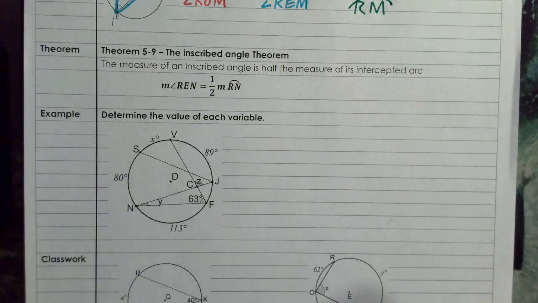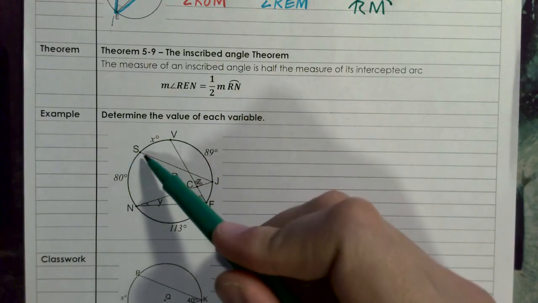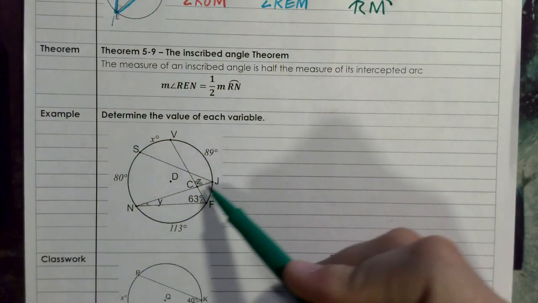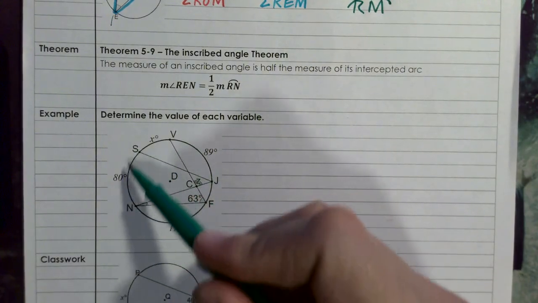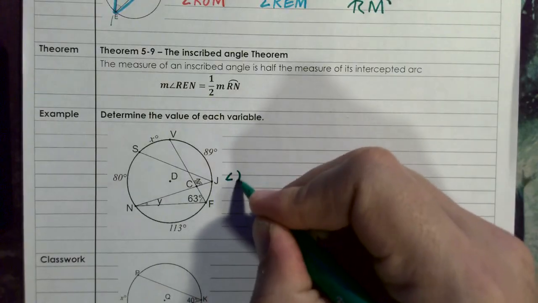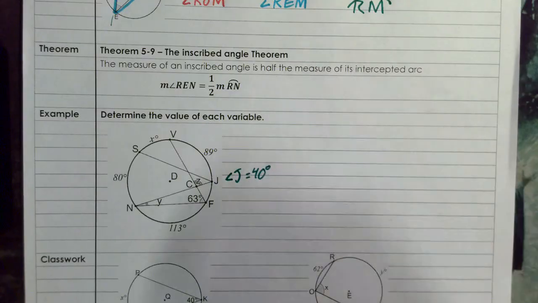So let's try that out in this diagram here. I've got this arc over here, and then this inscribed angle right here. Since this is intercepting this arc, I know that angle J needs to equal 40 degrees. It's got to be half of whatever that arc was.